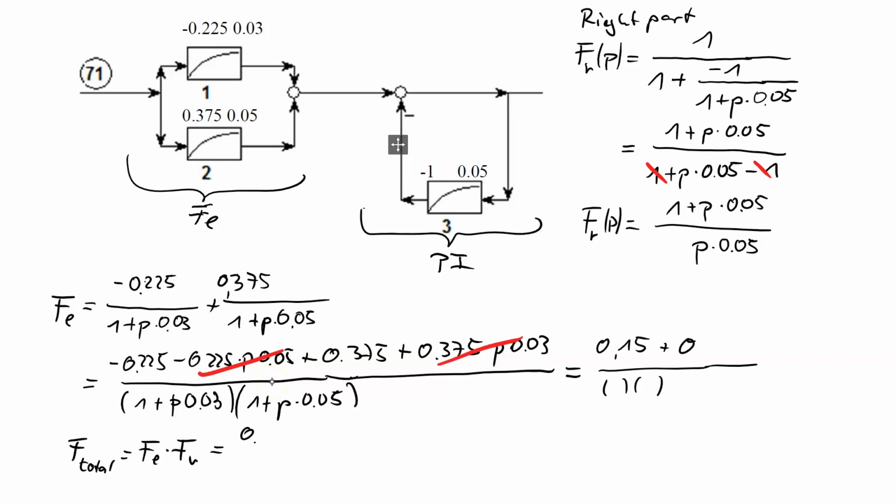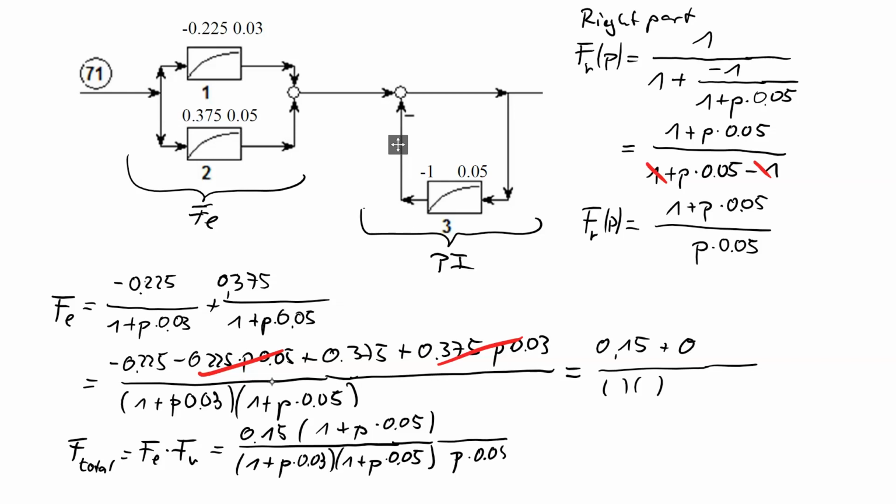Let's look for the numbers. Here in the numerator we have the 0.15 divided by both PT terms, 1 plus P times 0.03, 1 plus P times 0.05, and now multiplied with the right part, which is 1 plus P times 0.05 divided by P times 0.05.